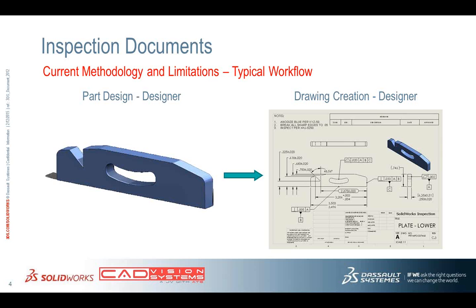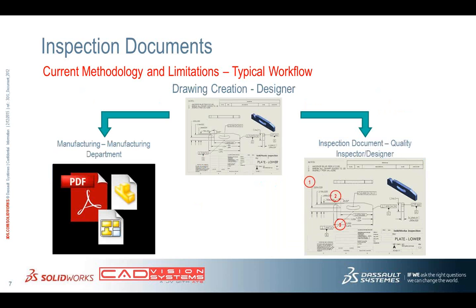This will still be created by the designer or the engineer. After that, these drawings can be sent to the manufacturing department to manufacture the part. Subsequently, they can also be passed to the quality inspection department to create inspection documents.